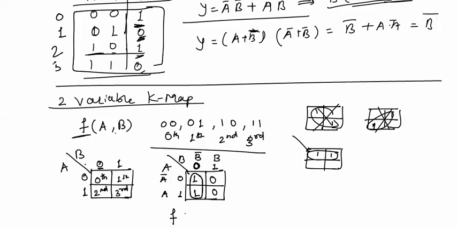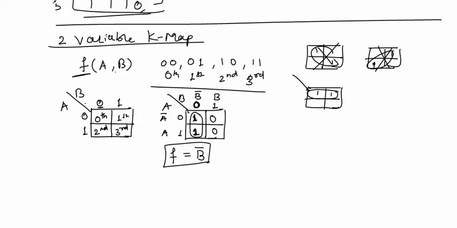F or Y will be written in terms of A and B. In this pair we have two ones. For both ones, the variable, either A or B, should have a single value. For this one A is 0, for this one A is 1, meaning both ones have different values of A, so A will not be considered in the expression. For both the ones B is 0, that is B bar. So the expression will be F equal to B bar.